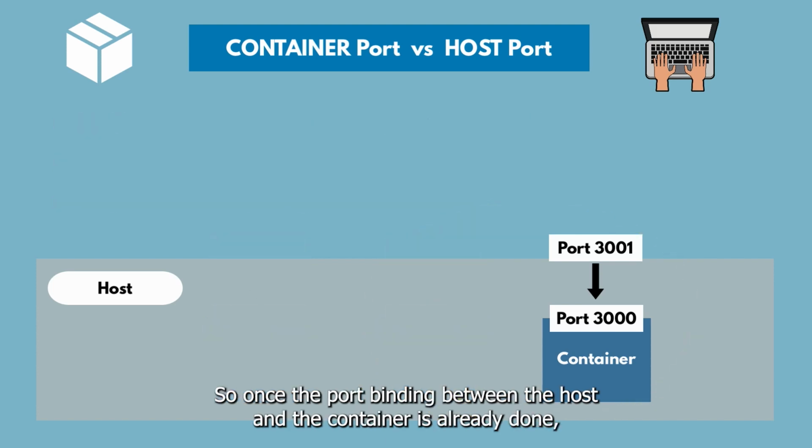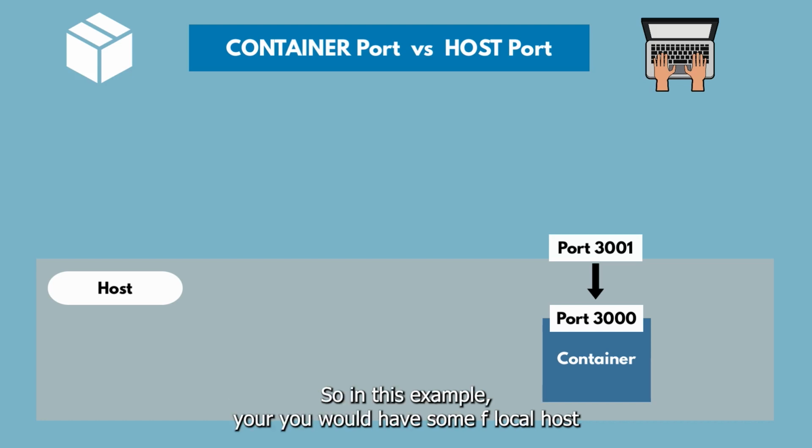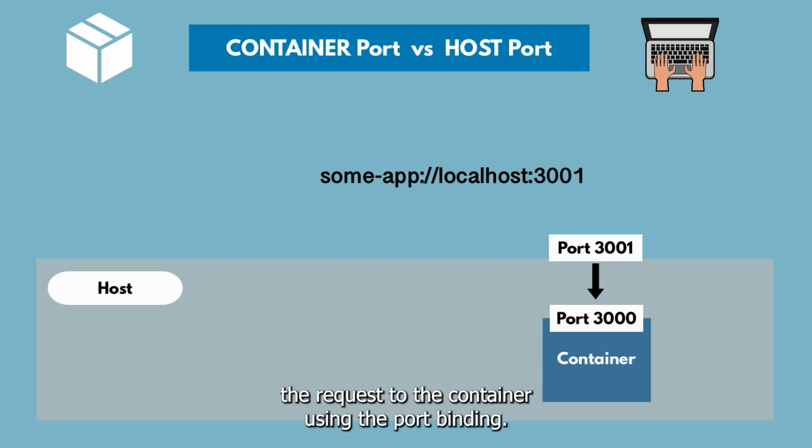So once the port binding between the host and the container is done, you can actually connect to the running container using the port of the host. So in this example URI, you would have some app, localhost, and then the port of the host. And the host then will know how to forward the request to the container using the port binding.